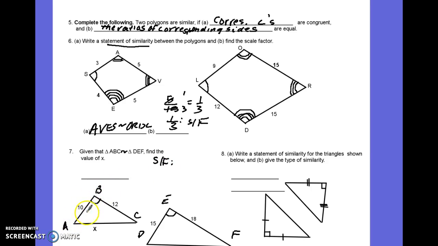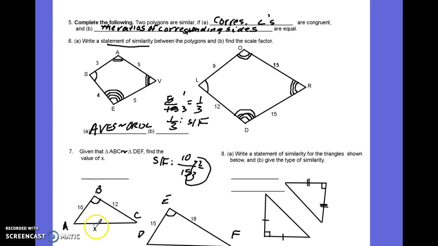We have 10, which is AB. AB matches with DE. So it's 10 over 15. In lowest terms, that's going to be 2/3. So that's a scale factor right here, 2/3.